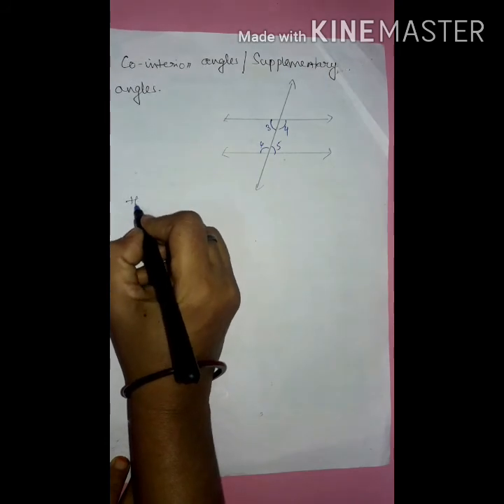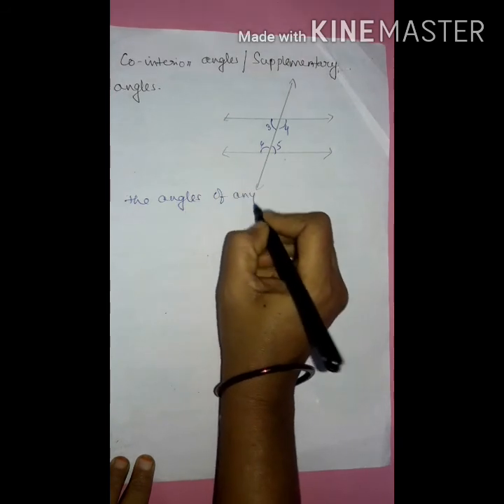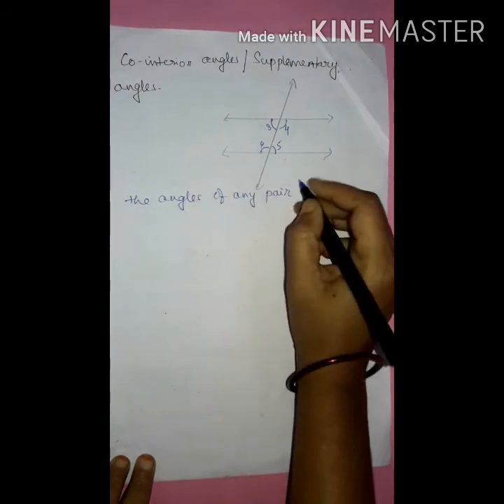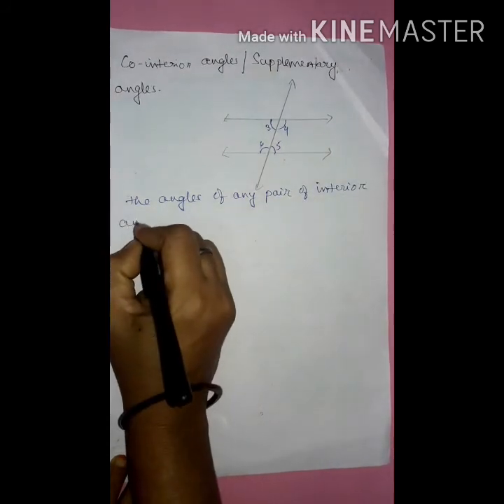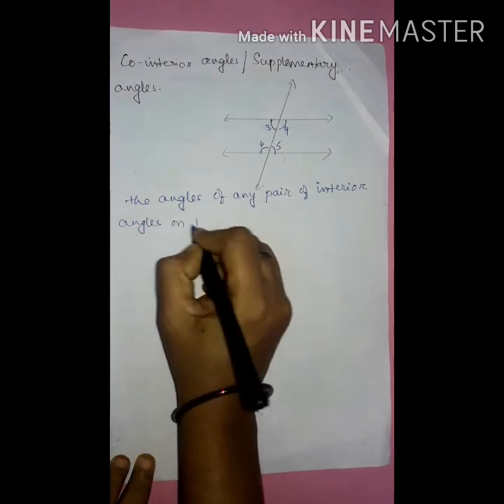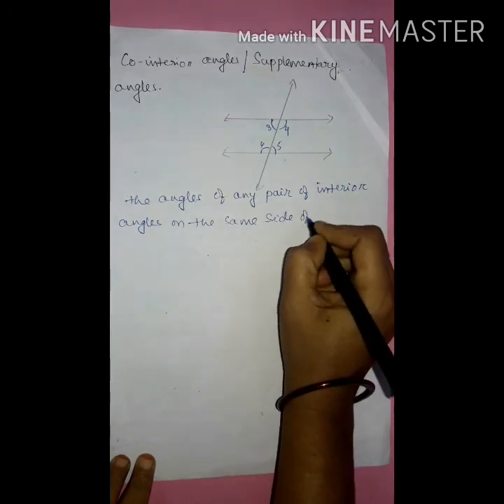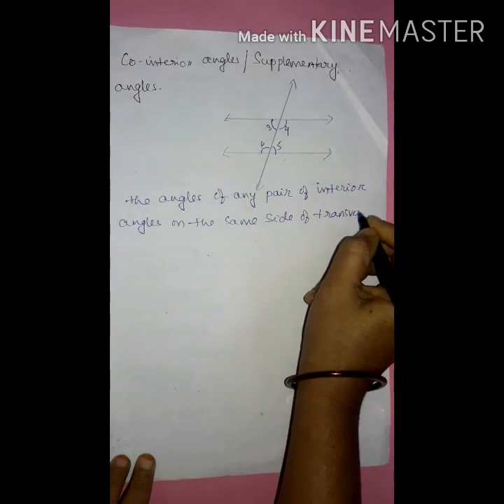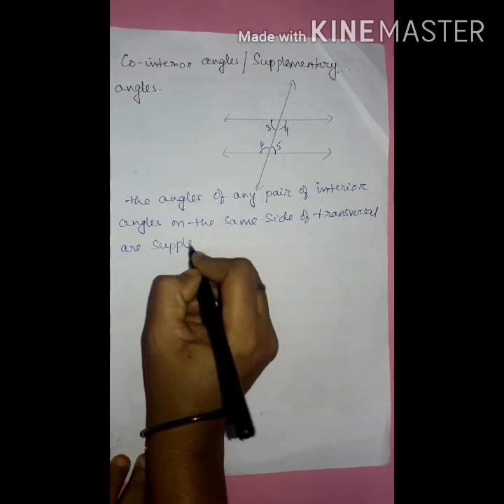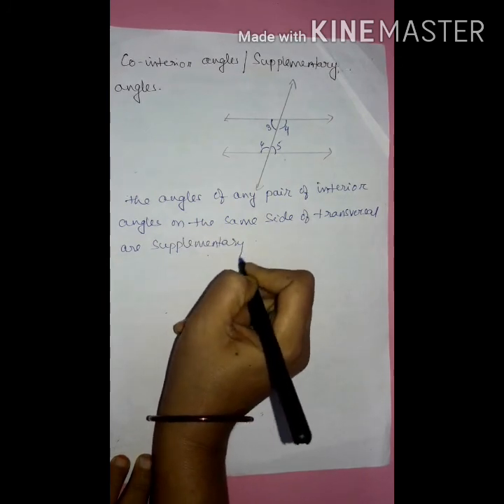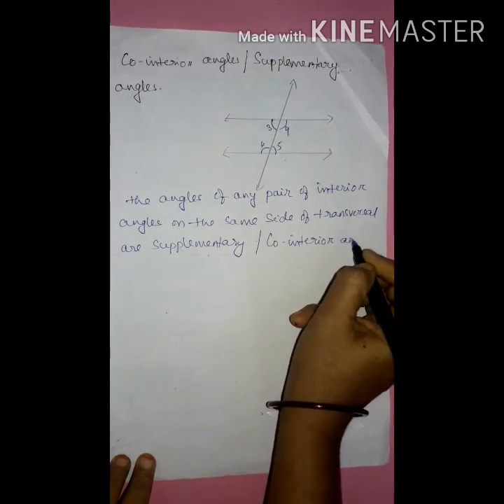So what is given is that any pair of interior angles on the same side of the transversal are supplementary, or co-interior, angles.